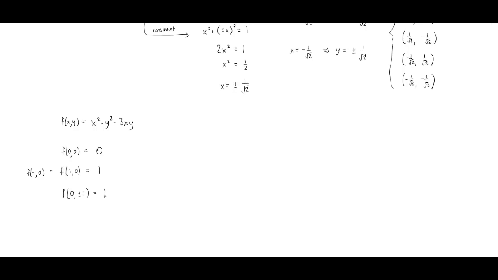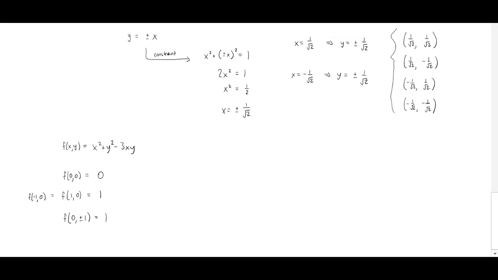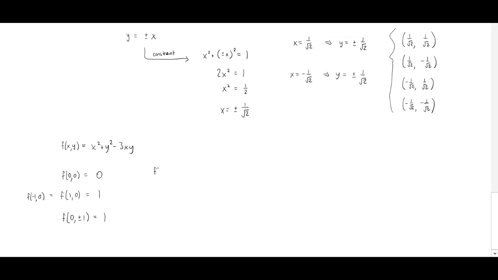Okay, and then finally we had these 4 points. So those will maybe be a little bit more interesting. So let's check 1 over root 2, 1 over root 2. So plug it in, we're going to get 1/2 plus 1/2. This would be, I guess, minus 3/2 altogether. So it's going to be negative 1/2.